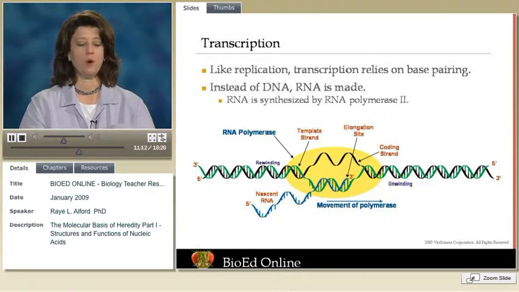However, instead of incorporating deoxyribonucleotides into the growing strand like DNA polymerase does, RNA polymerase incorporates ribonucleotides into the growing nucleotide strand. The RNA molecule is synthesized in a 5' to 3' direction. Genes have distinct starting and stopping points that are encoded within the DNA molecule. These signals specify where transcription should start and where it should stop.